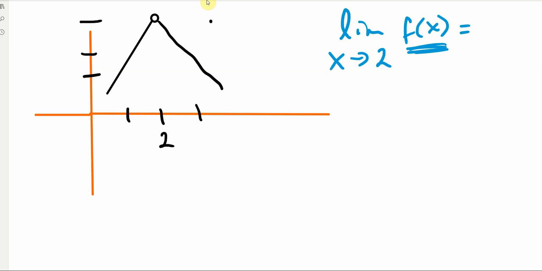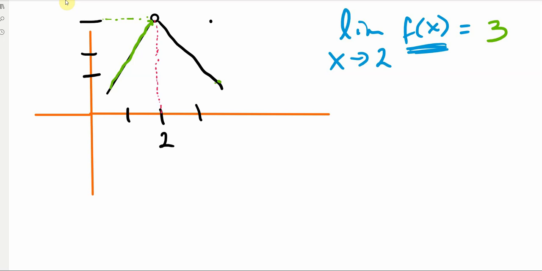So Mr. Quintana, basically here is my 2, and I'm looking where would my function be approaching. Well, if I'm coming from the left, as I'm coming from the left on the graph, I'm going to be approaching that hole, and that hole is located at 3. Now, what happens if I'm approaching 2?